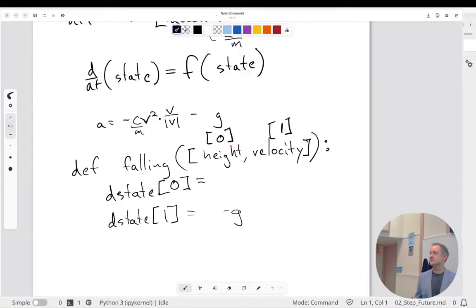If you're falling, how fast is your height changing? Does it change with your acceleration? What's the derivative of your height? Like how fast you're moving? Derivative of position.